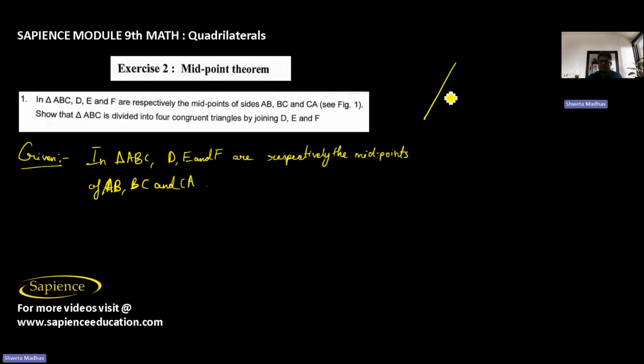So it means that if we draw a triangle ABC, then D is the midpoint of AB, E is the midpoint of BC, and F is the midpoint of CA.